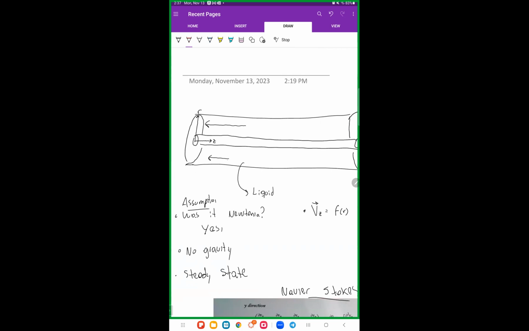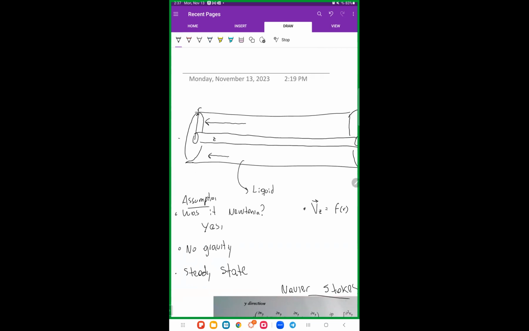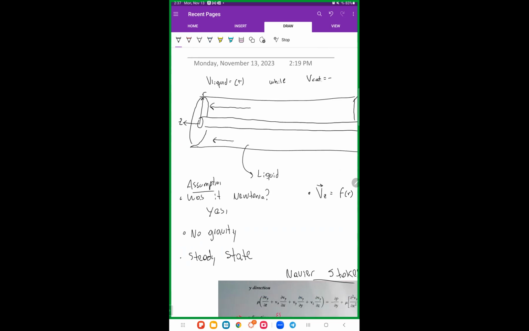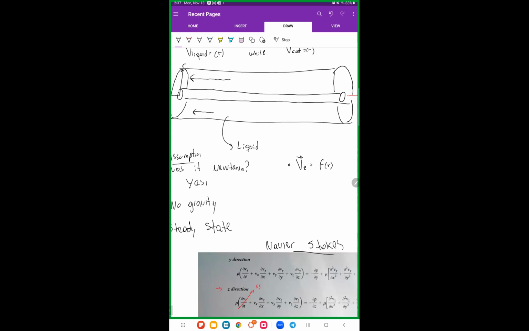If you define the liquid as positive, then your z coordinate system has to go to the left. So the liquid is going to be positive, while the catheter is going to be negative, based on our coordinate system. Okay, let's keep going.